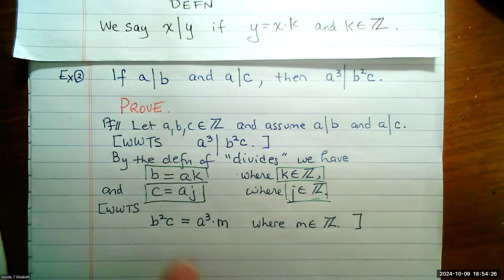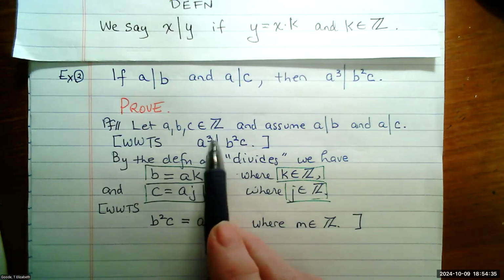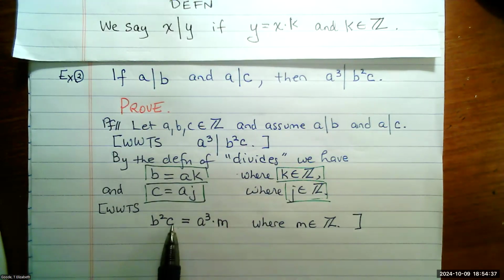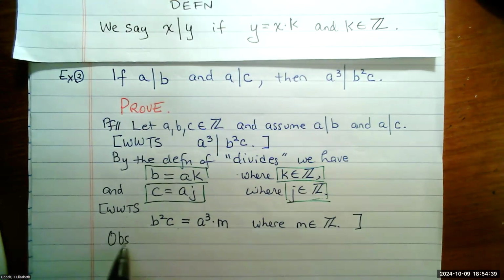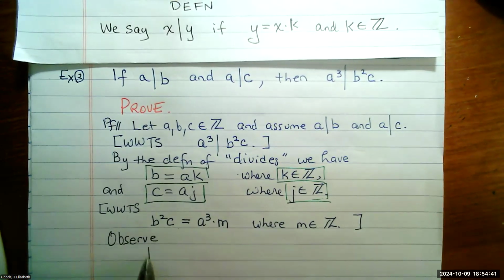All right. So the nice thing again about unpacking the wish is it shows us we've got to look at B squared C, right? We're not going to be looking at A cubed. We're going to be looking at B squared C. So let's take a look at B squared C and see what we can do with that.